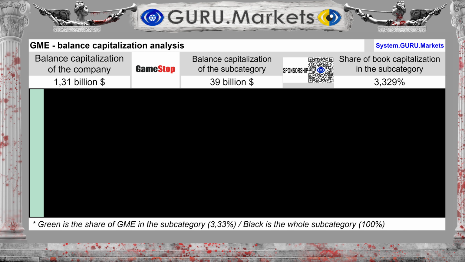The company's balance sheet capitalization is estimated at $1.31 billion, and the balance sheet capitalization of the subcategory is $39 billion. GameStop Corp. GME accounts for a share of 3.329%.